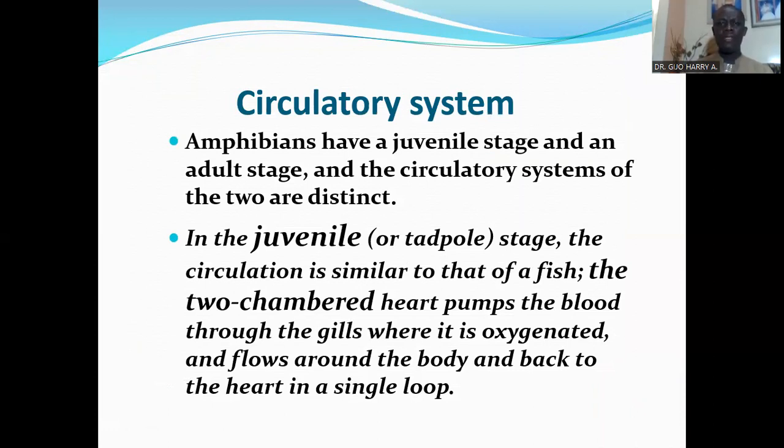The juveniles usually have a 2-chambered heart, similar to that of the fish, in which the blood is pumped through the gills where it is oxygenated and flows around the body and back to the heart in a single loop. Just as with the fish, the juvenile amphibians have a 2-chambered heart, and the circulatory system is just like that of the fish.